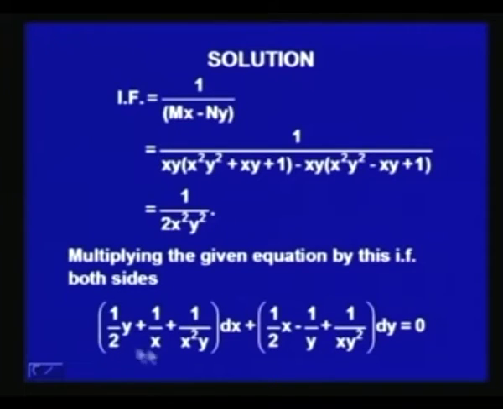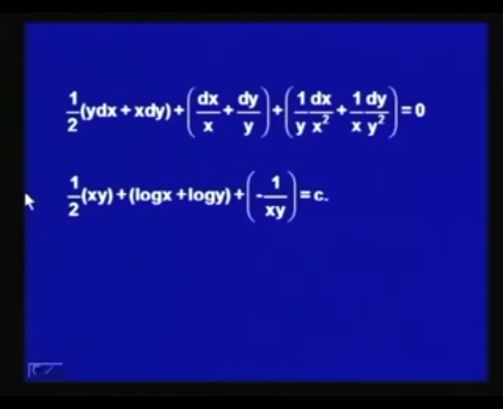So, to find the general solution of this, we just integrate m with respect to x, taking y as a constant. That will give us half xy plus log x minus 1 over xy, and then we add to it the integral of those terms of n which do not contain x, that is integral of minus 1 over y, which is minus log y, and put it equal to a constant.